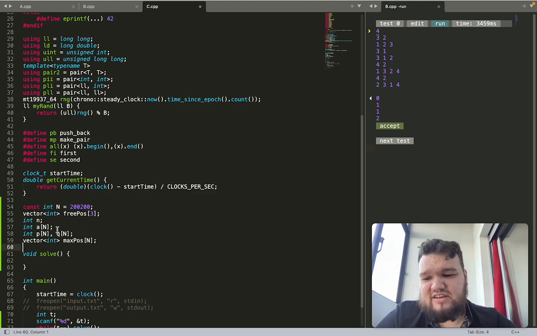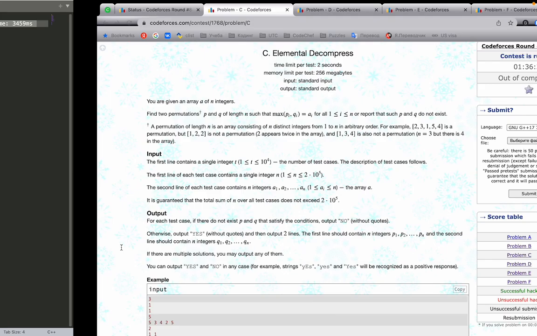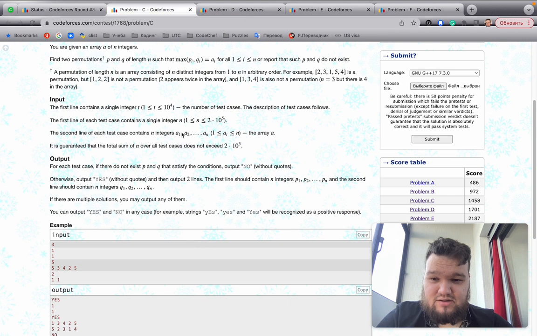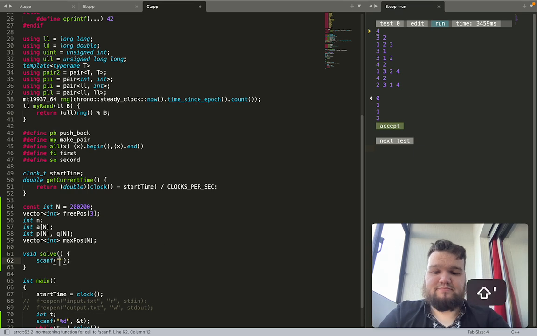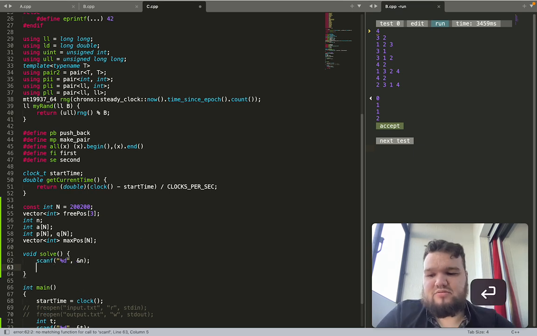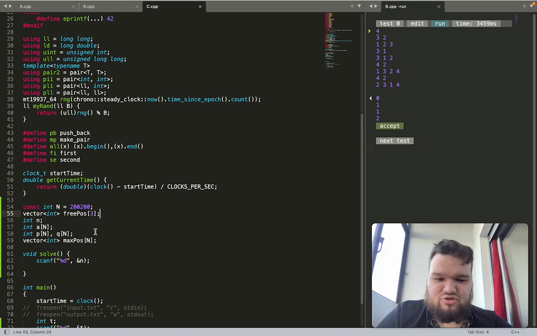So I have created array A, even though we don't actually need it. So N and A. Right, so we will have three positions: only for P, only for Q, and for both. Let's just order them in some way.